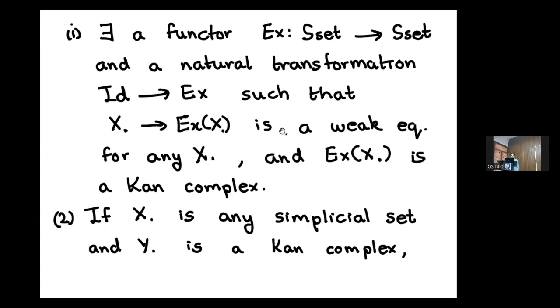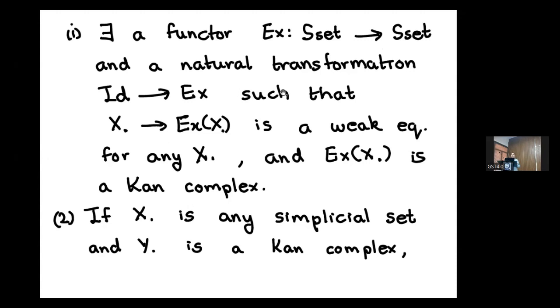So there is a functor from the category of simplicial sets to itself. What this functor is supposed to do is, given any simplicial set, construct a Kan complex which is weakly equivalent to it. Not only will it be weakly equivalent, but the weak equivalence going from your simplicial set to the Kan complex is also functorially chosen.